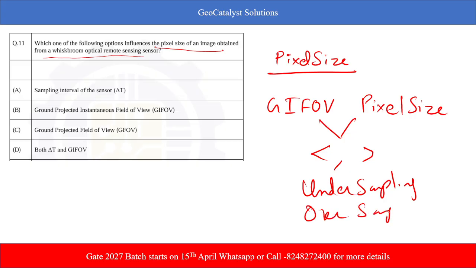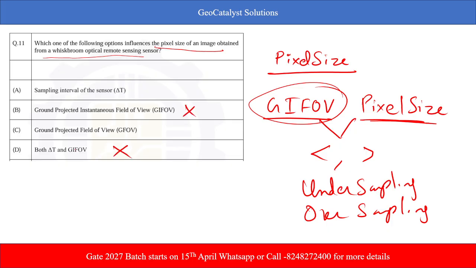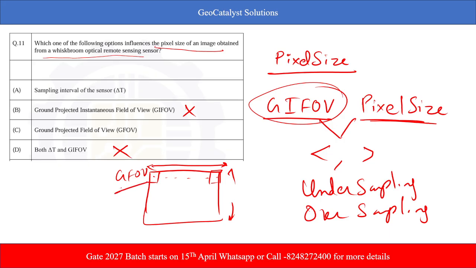So anyway, GIFOV does not influence pixel size, because if it is less than or greater than, then we have two conditions. So both GIFOV options will be cancelled. And ground projected field of view is not a single pixel; it is the combination of pixels in one go, how much area is observed, that is called ground GFOV. So this also will not be the answer.